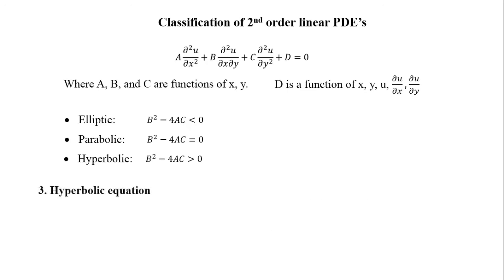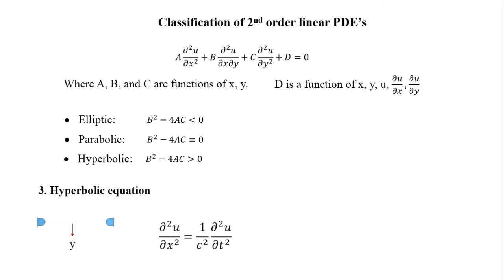Let us consider an example of the last classification of second order linear partial differential equations, that is the hyperbolic equation. Let us consider a string which is fixed at two ends, and suppose y amount of deflection is given to the string. Then the deflection of the vibrating string is given by the wave equation, which is written here.